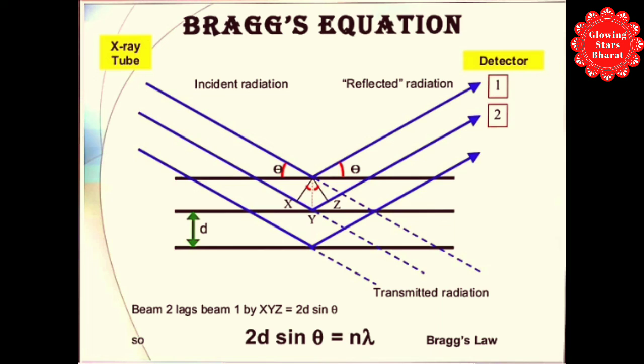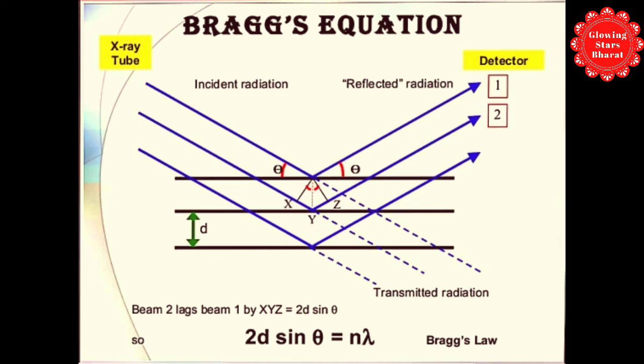So finally, Bragg's equation: n lambda equal to 2d sin theta. Dear student, thus Bragg gave a mathematical equation to establish a relationship between the wavelength of the incident X-ray, the distance between the layers and the angle of diffraction, where lambda is equal to the wavelength of X-ray used and theta is equal to the angle between the incident X-ray and the plane of the crystal.